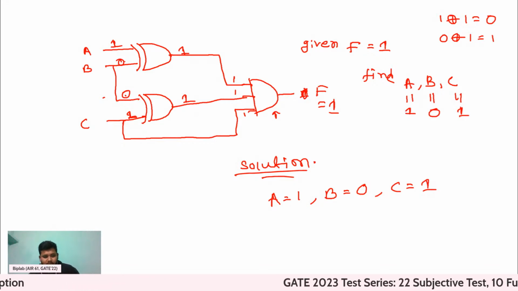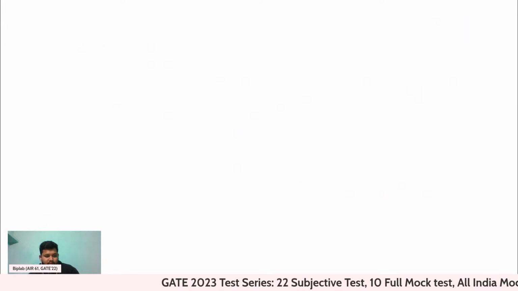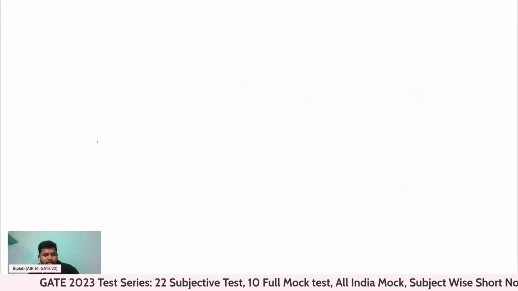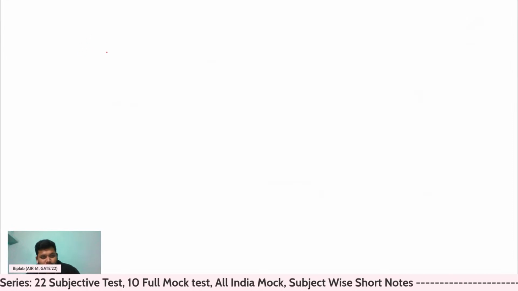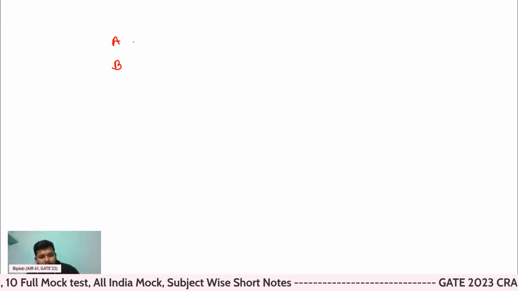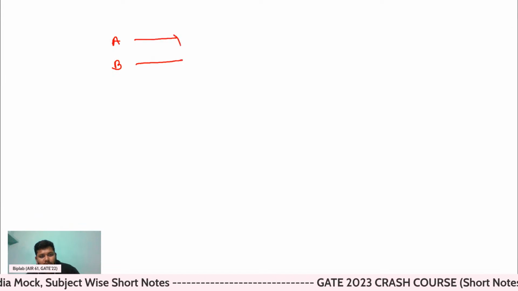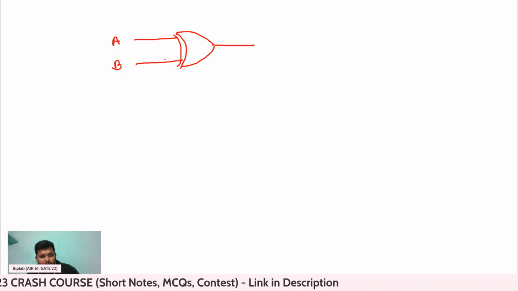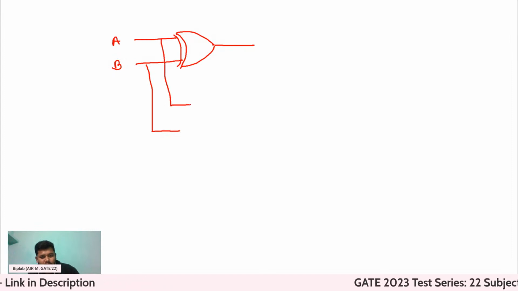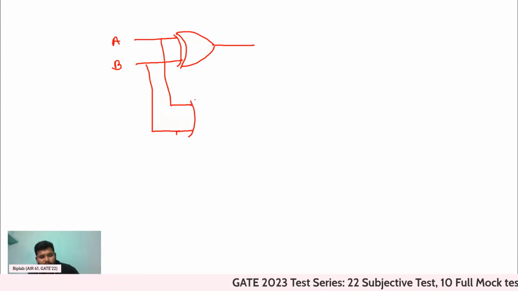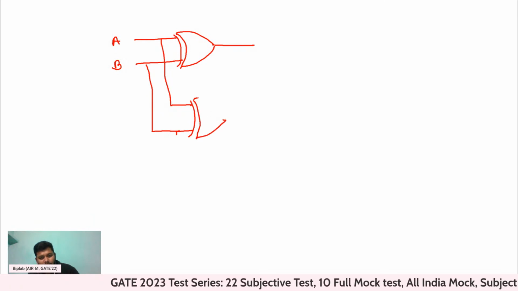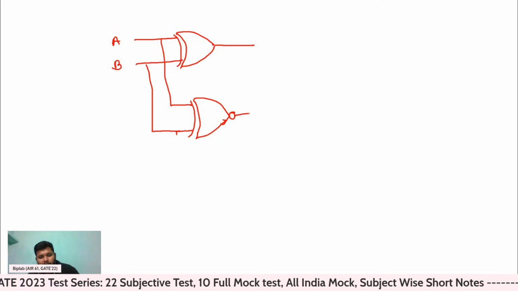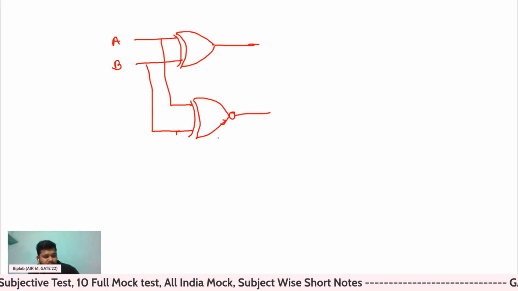So if you have no doubt, let's go for a little bit harder one. So you have A and B, which go to the XOR, and the same A and B go to the XNOR.